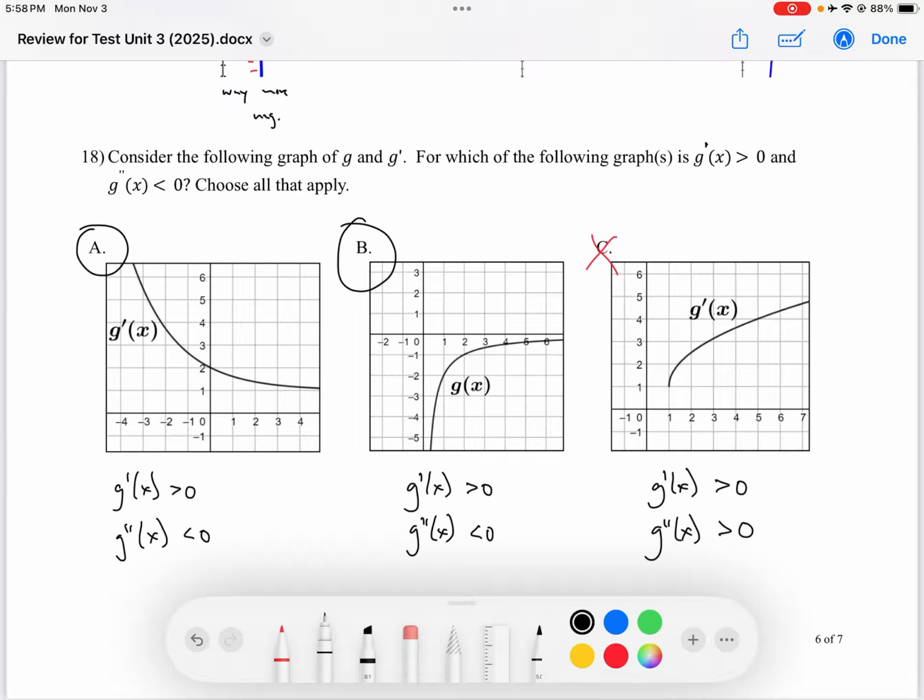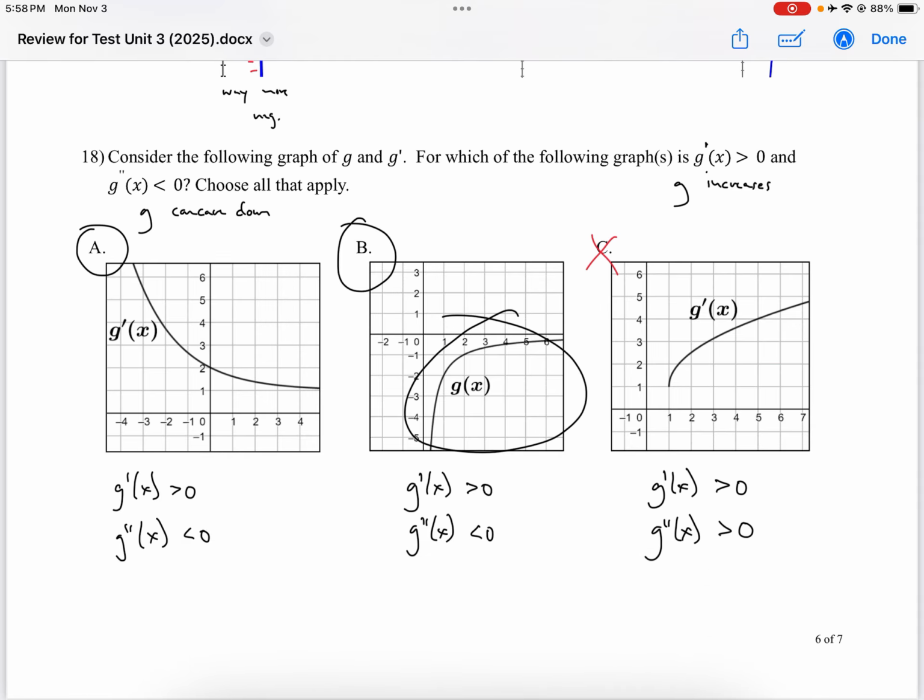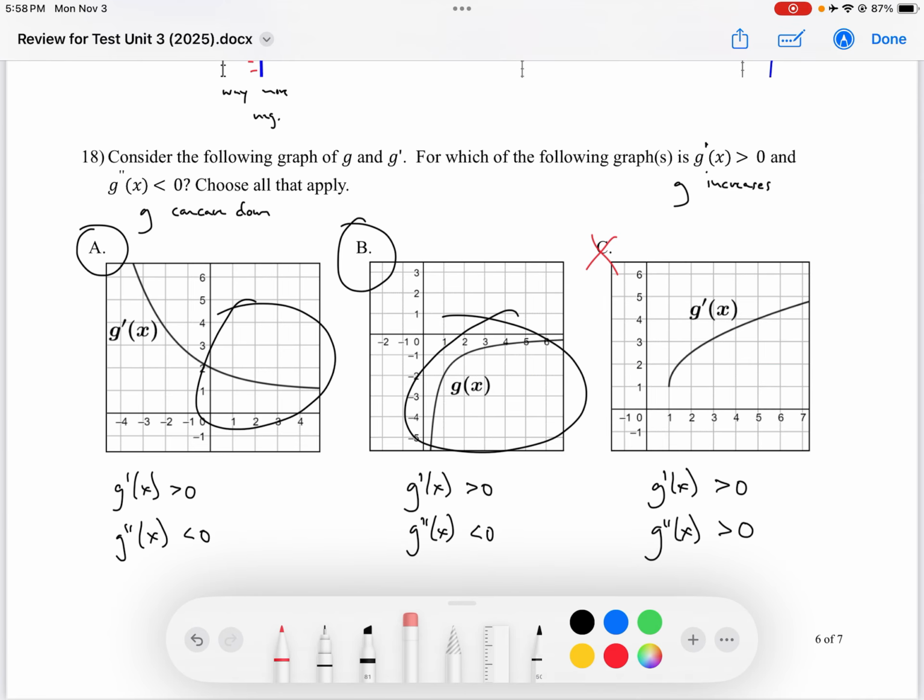What that tells us about G is that G is increasing and concave down. So that's this graph right here. And what it tells us about G prime is that it's positive and decreasing, which gives us this graph over here. So yes, for those two functions, this would be true.